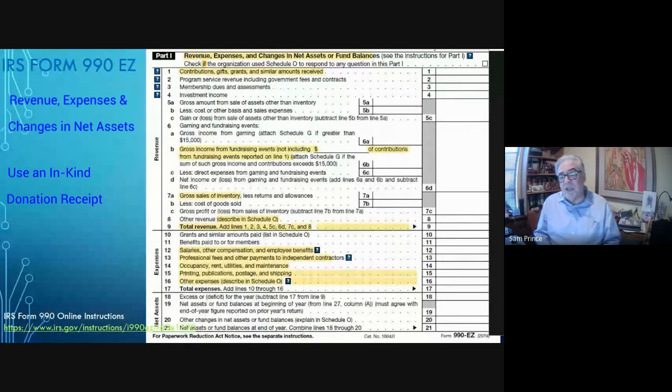What we do as Legal Aid is we send a form to someone when they contribute items to us, and we ask them to tell us what the value is. Now, this serves two purposes. One, it gives us at least a base number to work from.